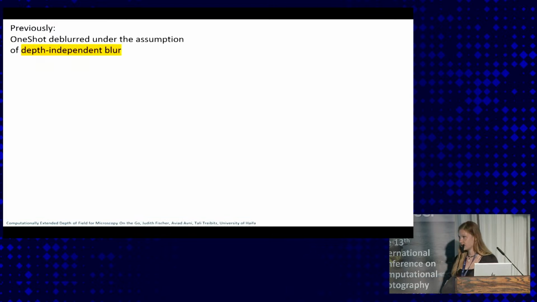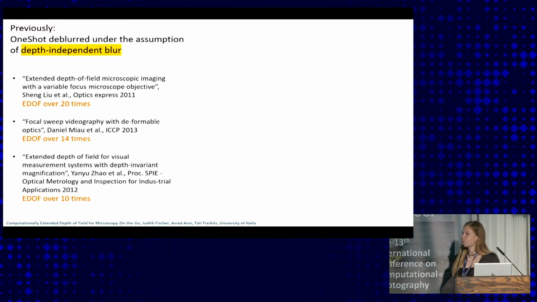Because of the telecentricity in the system, previous one-shot methods assumed a depth-independent blur. With a depth-independent blur, this means that the blur is spatially invariant, and simple deblurring methods can be used to deblur the one-shot image. These previous methods were able to extend the depth of field by like 10 to 20 times.